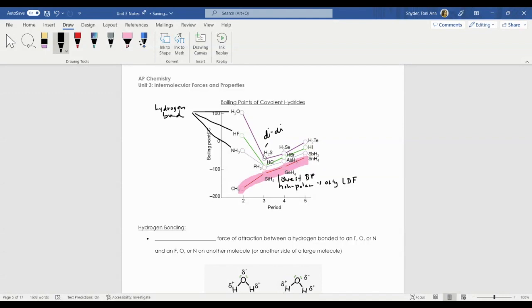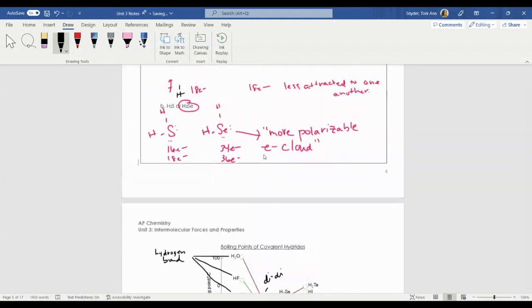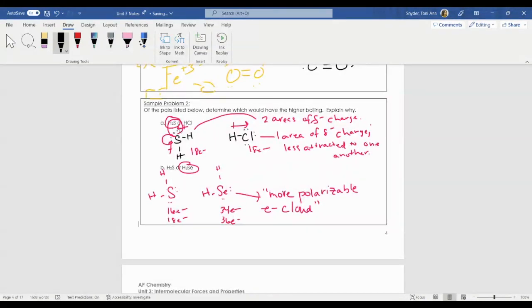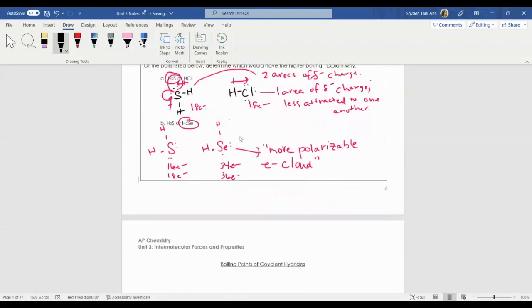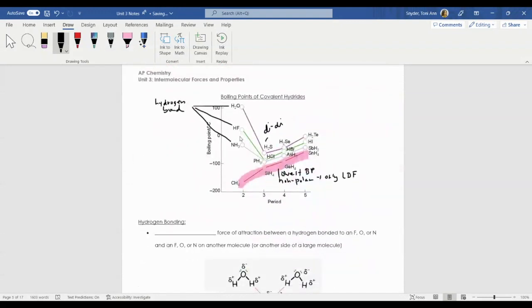That's because hydrogen sulfide has two bonds, both of which are going in the same direction towards sulfur. If we remember back to this problem here, whereas this one has only one. So it's a really nice way to show how these trends are affected by their location in the periodic table.